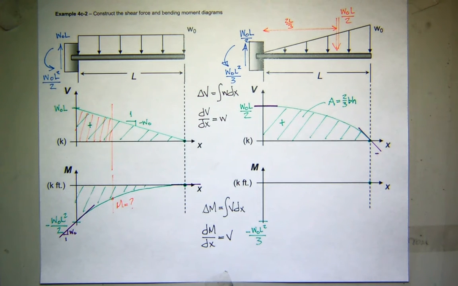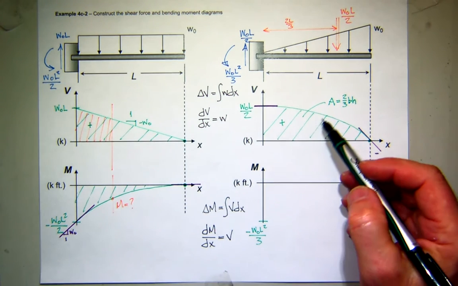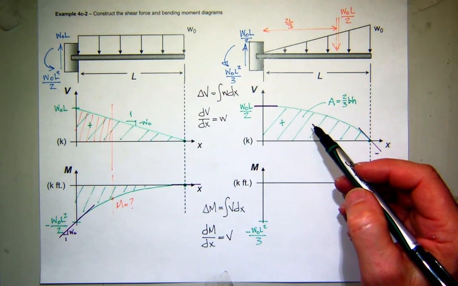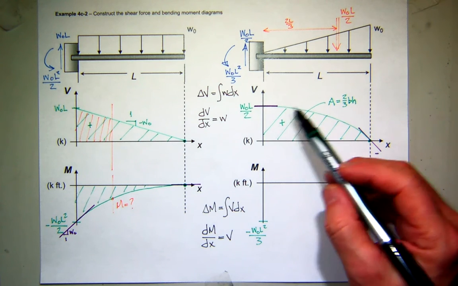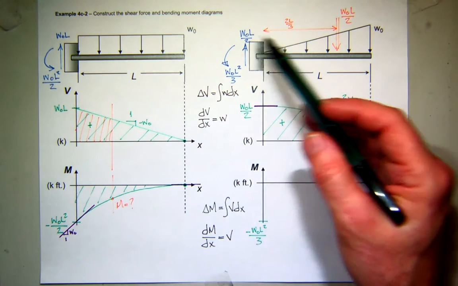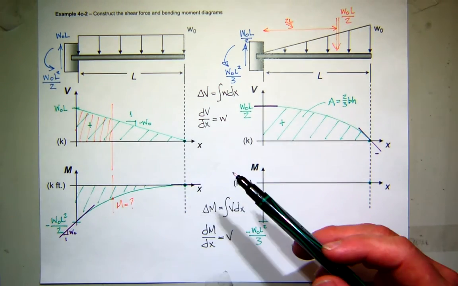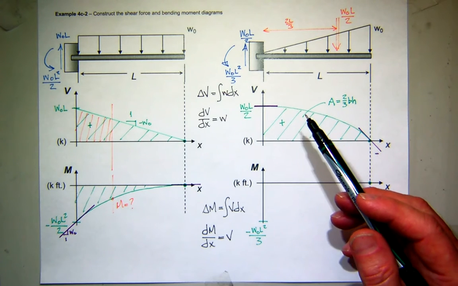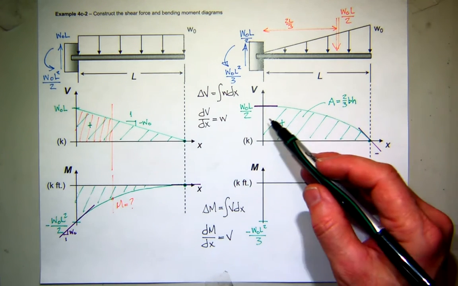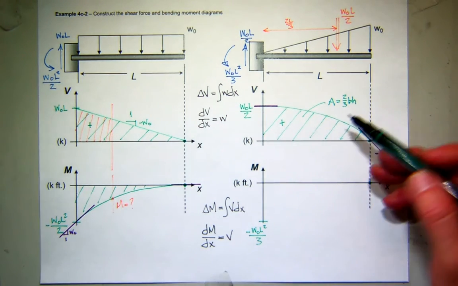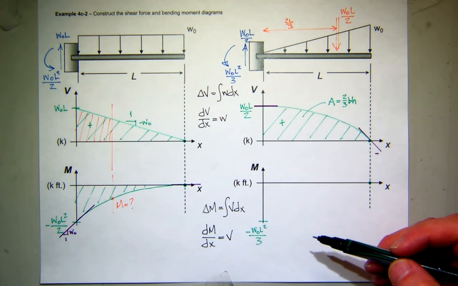Yay! But you can see if this curve was something more complicated, you'd have to know the area underneath it. And if it's not some kind of nice rectangular thing that you know right off the top of your head, you're going to have some issues. You might even have to write the equation for the shear and integrate that. Well, then you're back to just writing equations again.